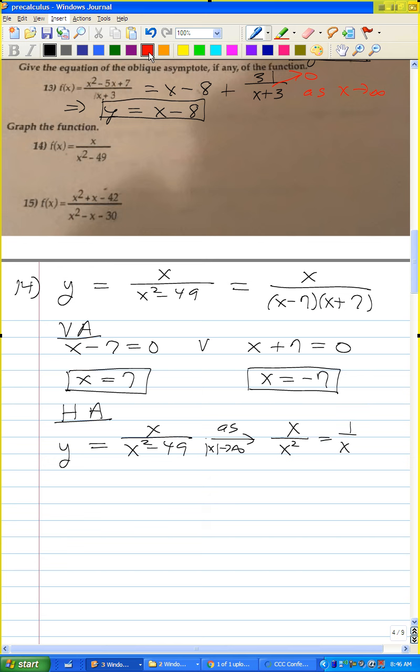But this term is going to go off to 0 as x goes to infinity. And so this approaches 0. And so the horizontal asymptote is y equals 0.